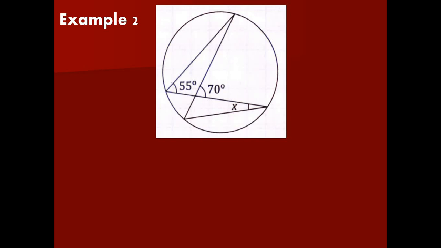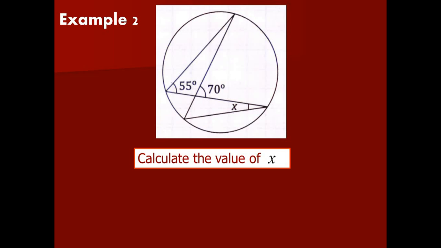Example 2. Given X as the one that we're going to calculate, and there are two angles here, one at the circumference and the other one is 70 degrees.